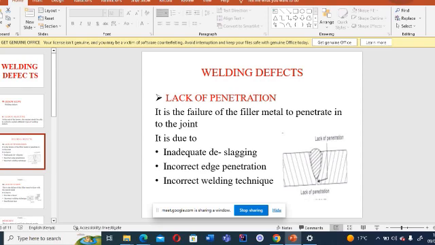You find this is due to inadequate slugging, incorrect edge penetration, incorrect welding technique. So that is one of the welding defects.